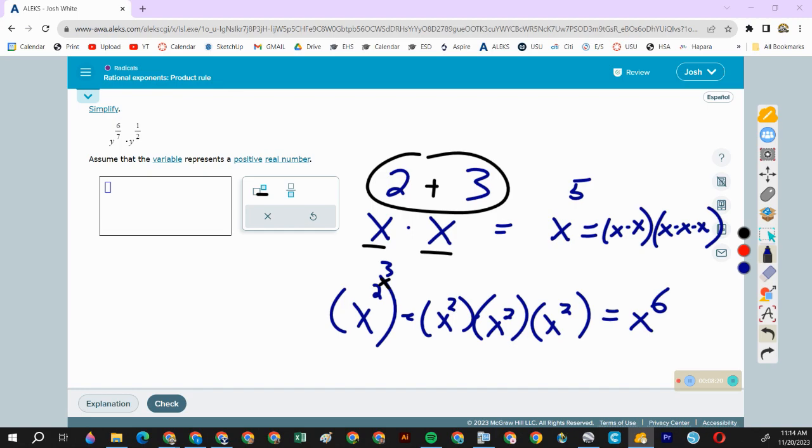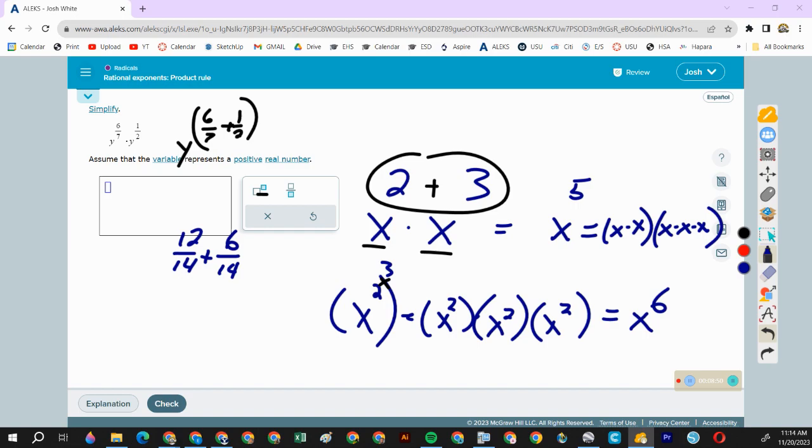We multiply. So here, y to the 6 over 7 times y to the 1/2 is going to be y to the 6 over 7 plus 1/2. So that would be 12 over 14 plus 6 over 14.